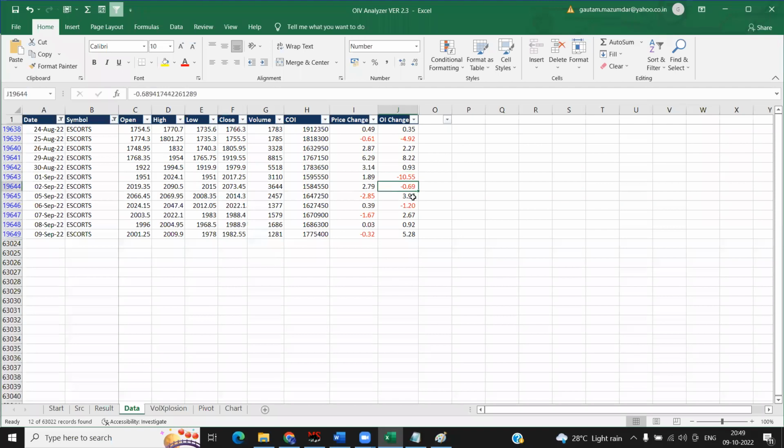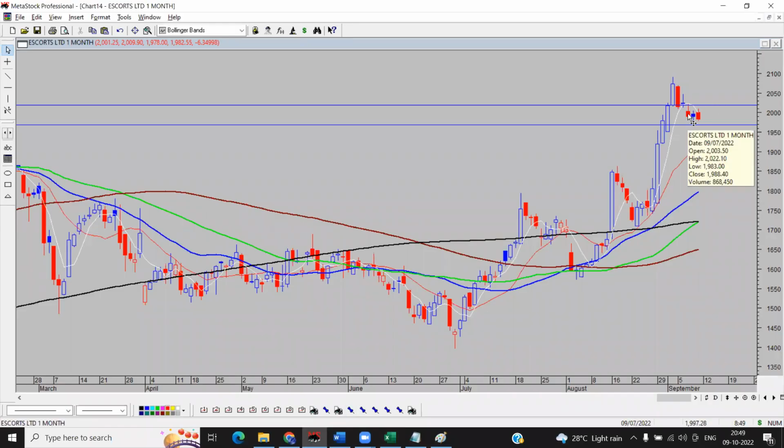Next day it also moved up with very low open interest. Fine, but still, let's see. I'll keep it this way. Whichever way it moves from here, upward or downward, then take the decision. Got it?